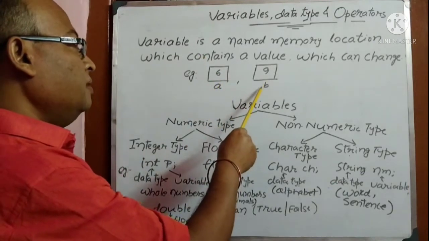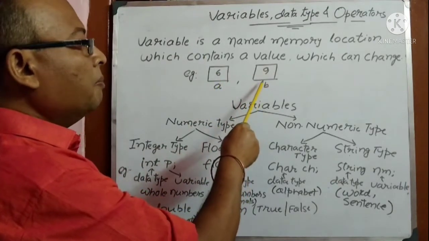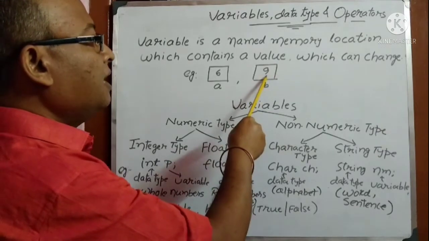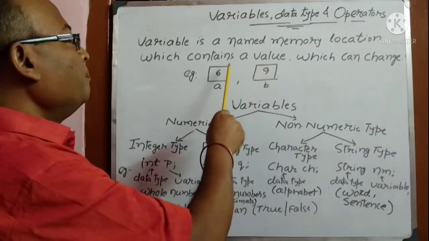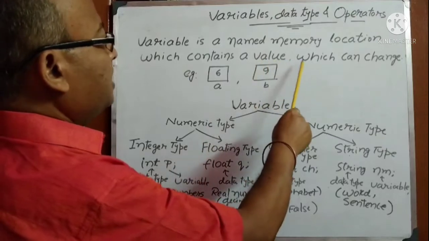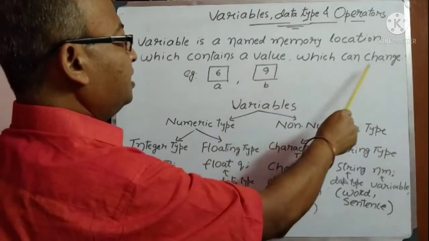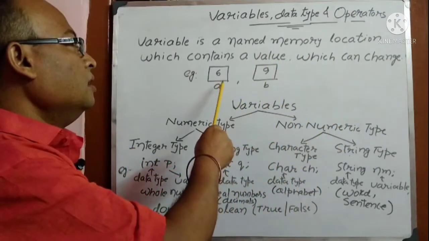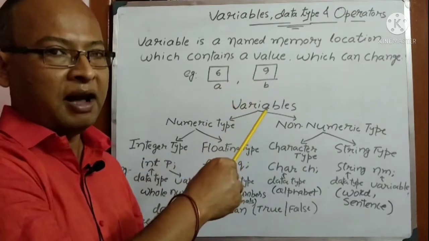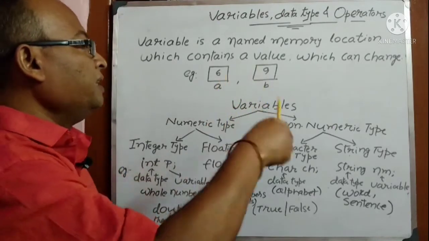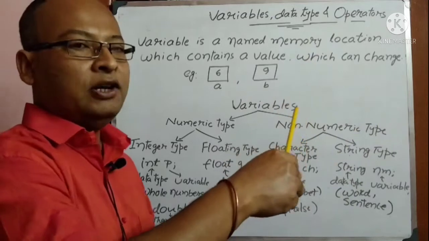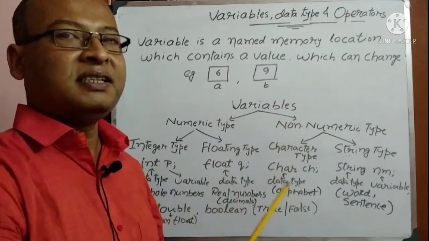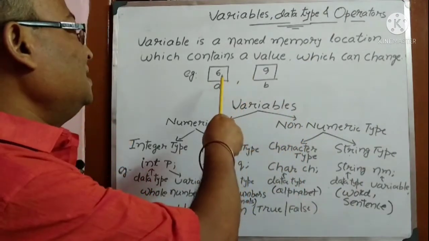Again, B is a named memory location where I have stored the value 9. See, this is the underlined statement, value which can change. What it means is that you can either assign a value or during the runtime you can take the value and that value is processed. So, the value gets changed.